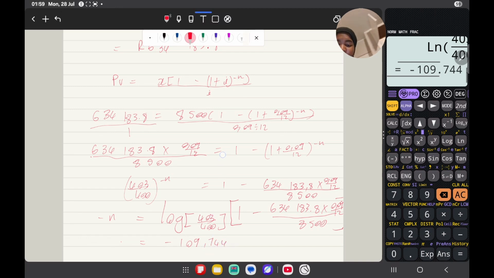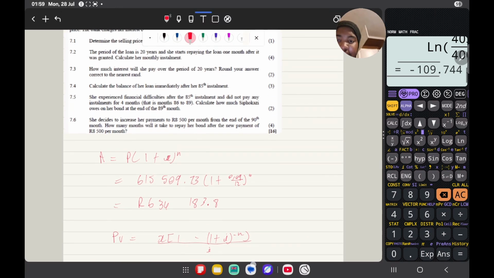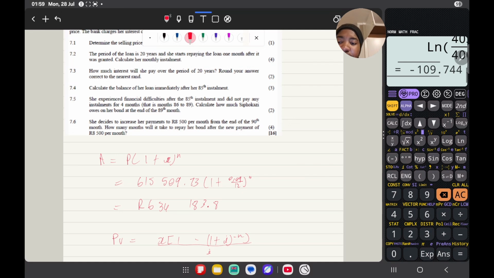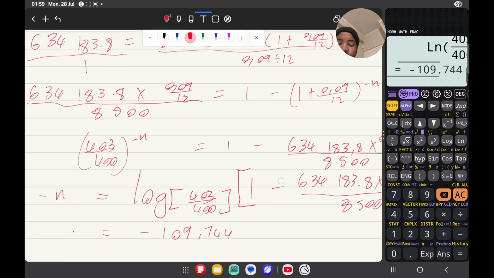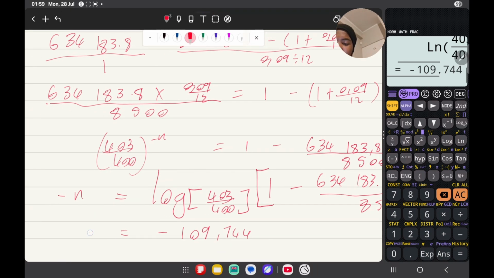109.744. And the question, did they say to the nearest anything? How many months will it take? Here, bro, it will depend on how you interpret. You have minus n, so I'm tempted to say, look at this, we have 109 months that we are very sure of.